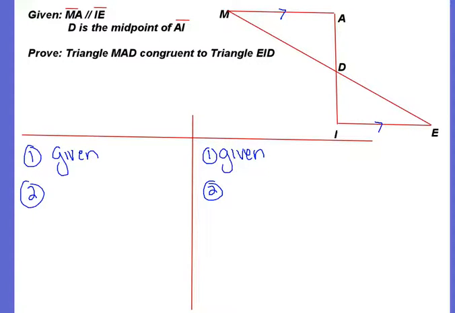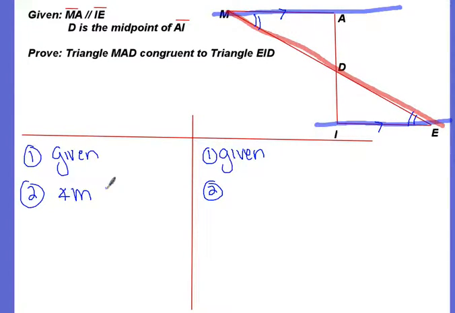Okay, so if that's true, then let's first highlight these parallel lines. And if I look, I have one transversal here, which would mean angle M is congruent to angle E. That's because if lines are parallel, that means alternate interior angles are congruent.